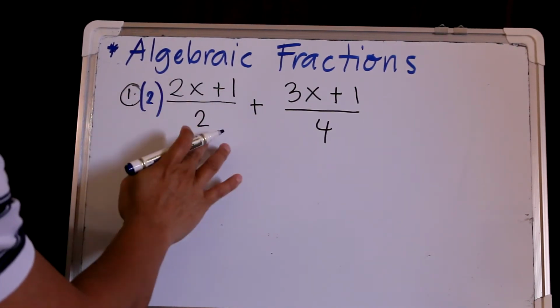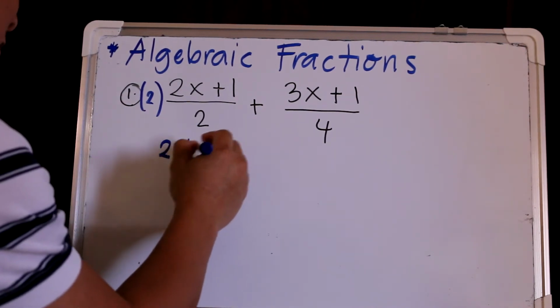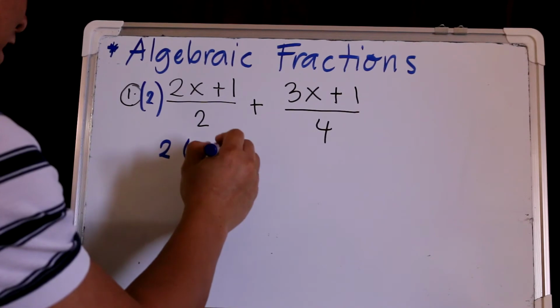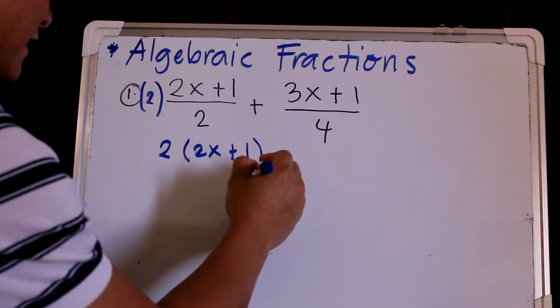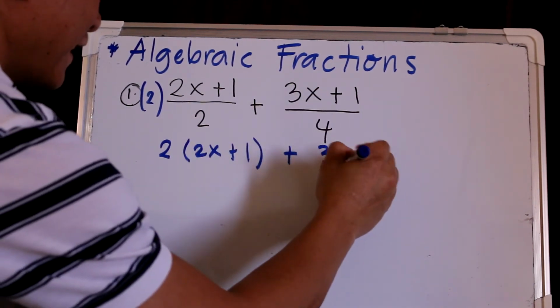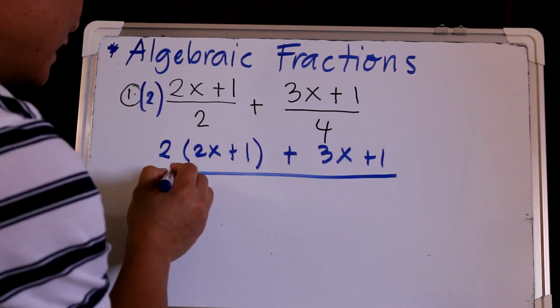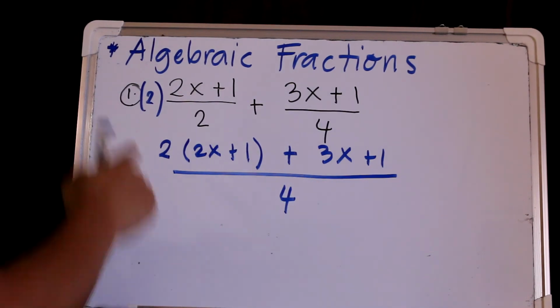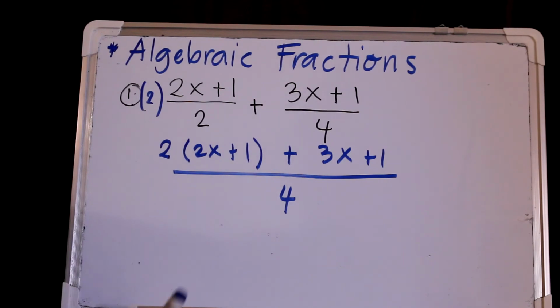So what will happen here is you have 2 times (2x plus 1), plus 3x, because that is multiplied by 1, plus 1, divided by 4. So 2 goes with that. Okay, so they are being multiplied.